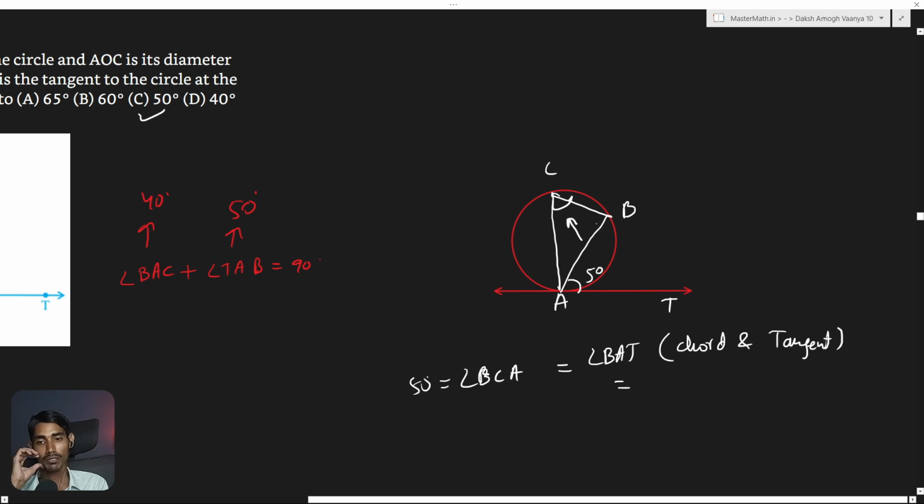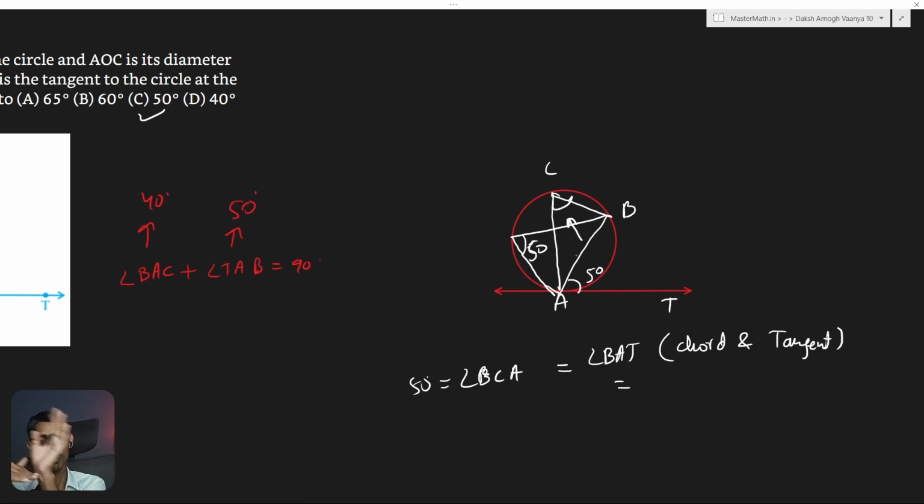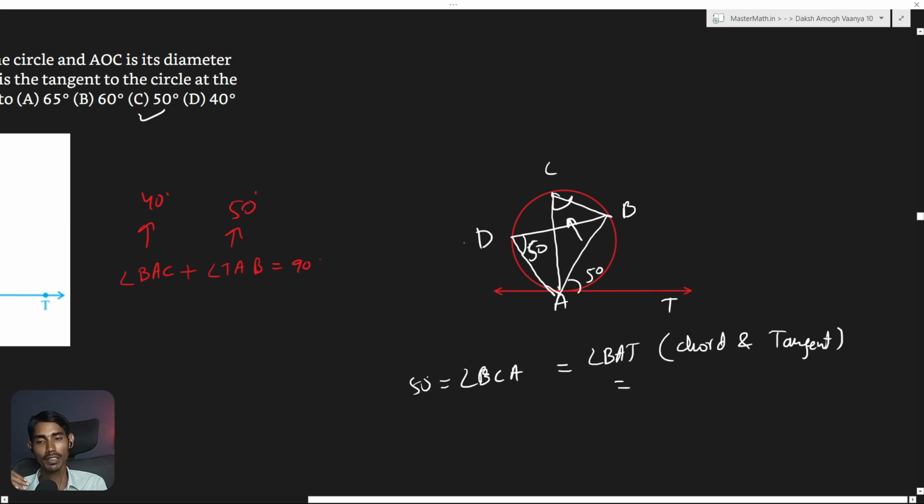And you could make some variations. This would also be 50, because BA is the chord, and BA along with the tangent is 50 degrees, so the angle opposite at D would also be 50 degrees. Is this okay?